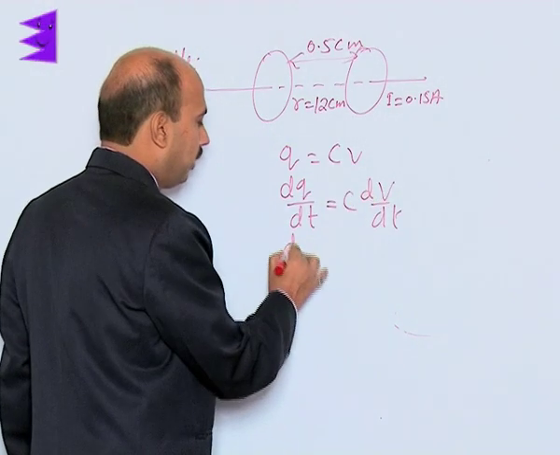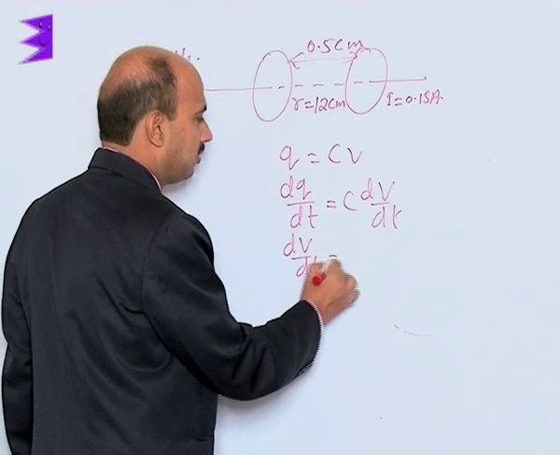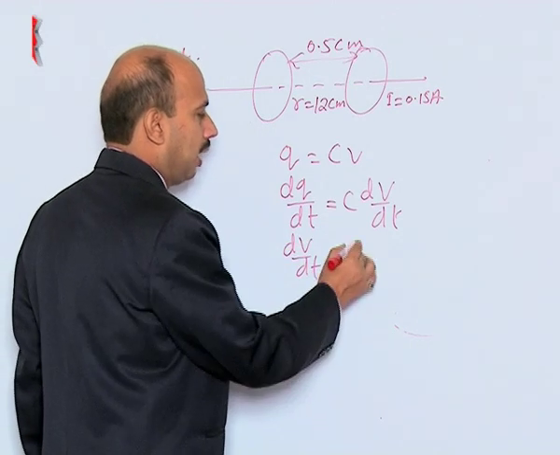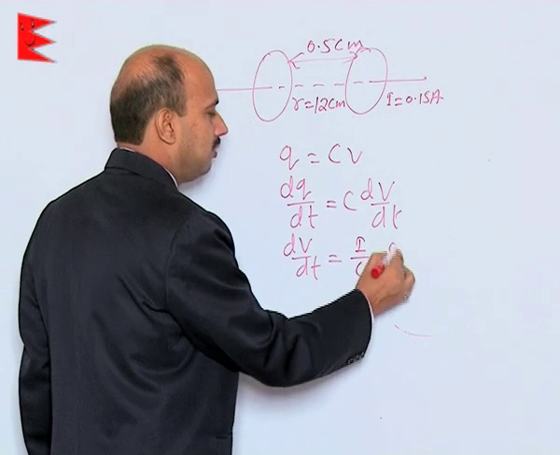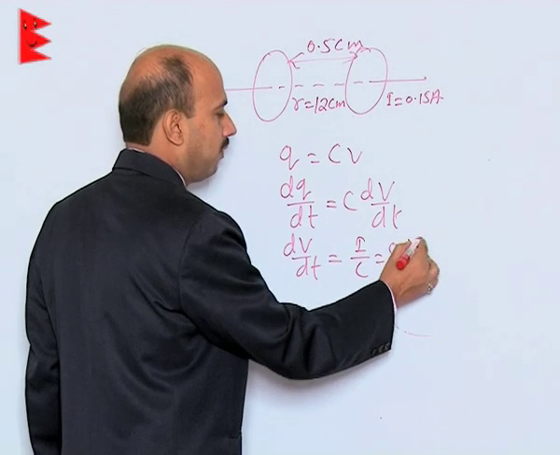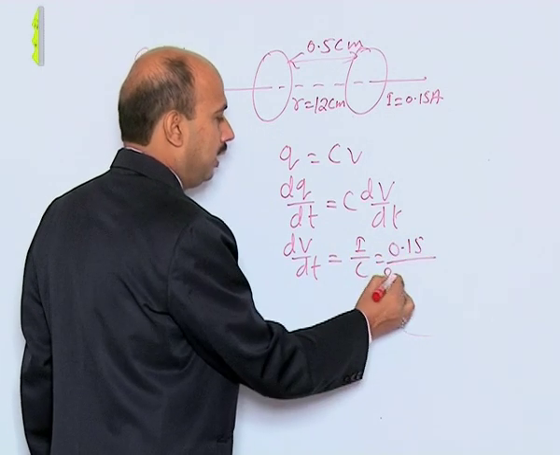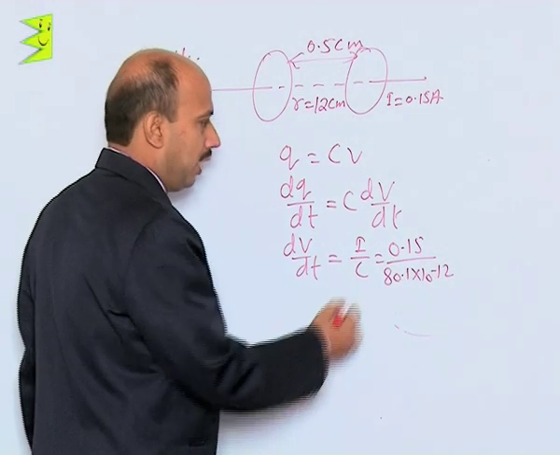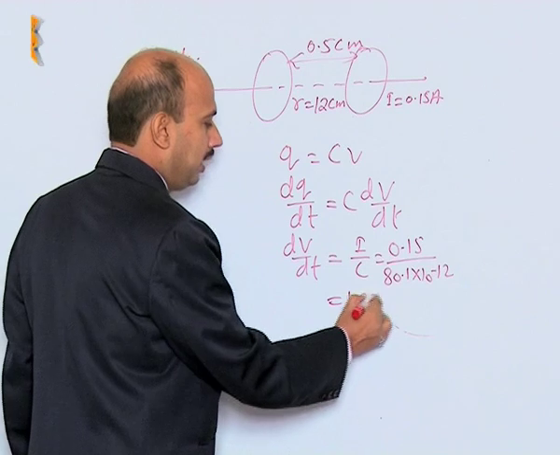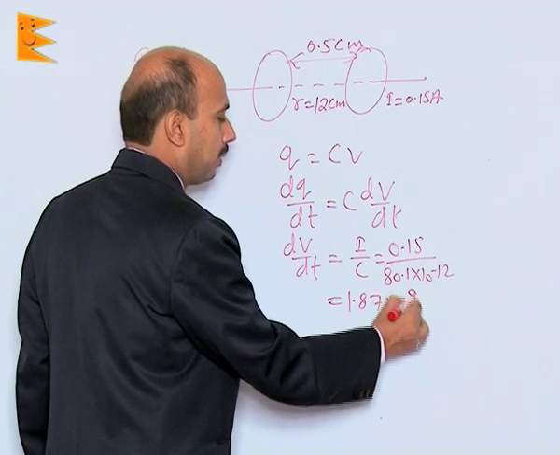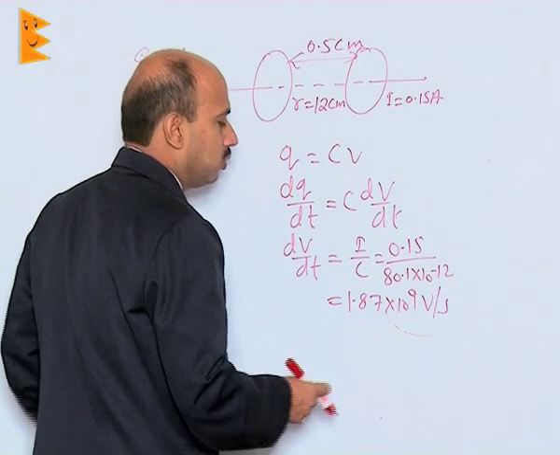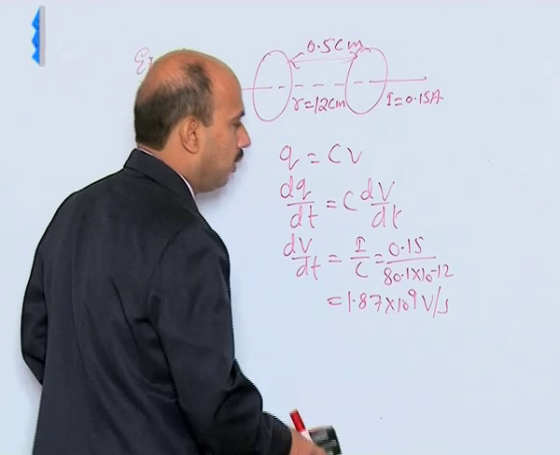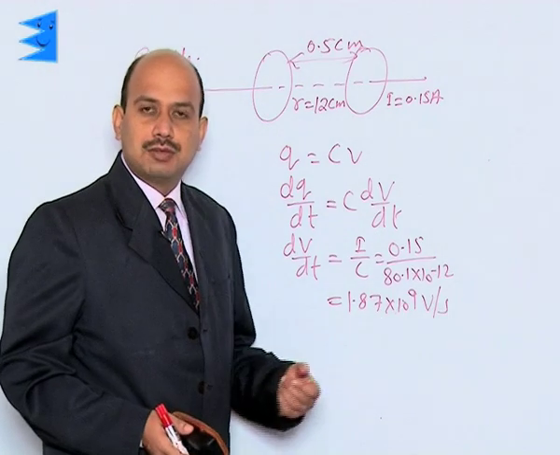So, dV upon dt is equal to I upon C, and I is given as 0.15 divided by 80.1 into 10 raised to power minus 12, and this can be written as 1.87 into 10 raised to power 9 volt per second. So, that is the rate of change of potential between the plates.